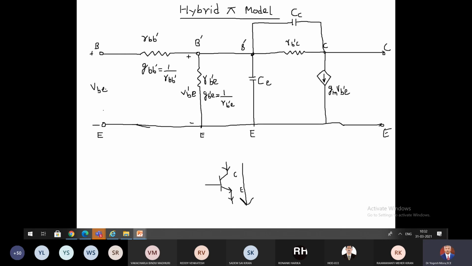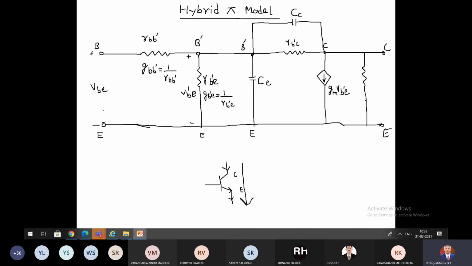VBE is different from VB dash E because there is some drop across RBB dash.